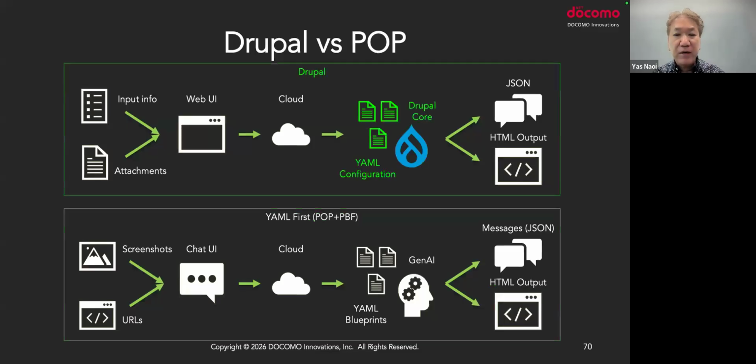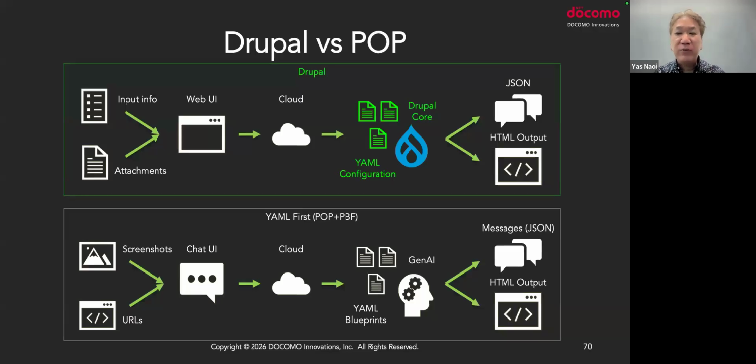So again, that is Drupal on the top and POP on the bottom. Both start from user input and both end with structured output. But what happens in the middle is similar in shape, yet fundamentally different. Drupal processes everything through its web forms and views, PHP code, and Drupal core.